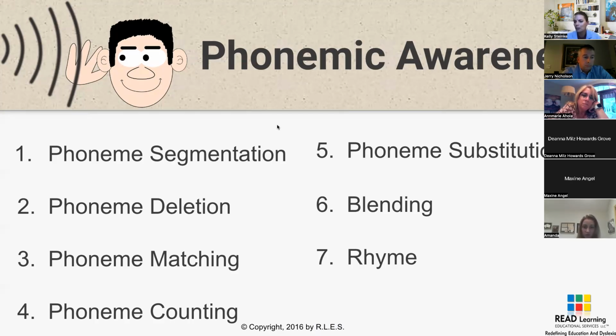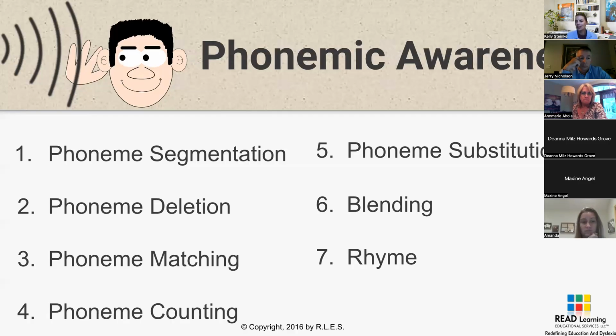Sometimes persons look at this list of characteristics and go, okay, well, what do we look for in our middle school kids and our high school kids? You'll see characteristics of this across the grades. It'll start with difficulty at the word level, difficulty segmenting a word into sounds.